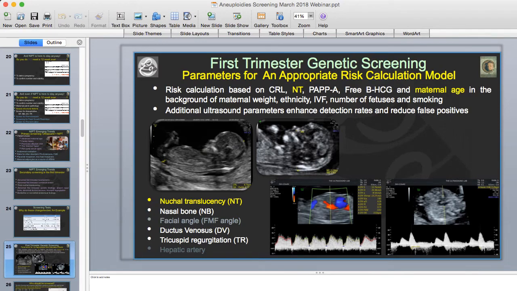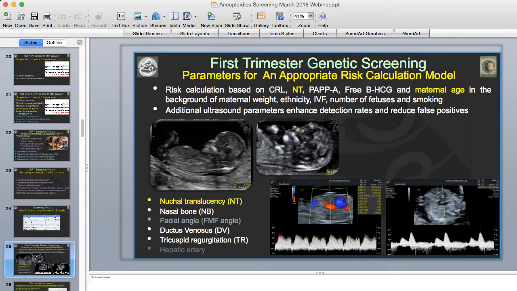And then, of course, I mentioned already the nasal bone, the ductus venosus, and tricuspid regurgitation. We did add on a few years ago the facial angle, which we dropped because statistically it didn't mean much, and the hepatic artery because it just followed the line of the ductus venosus and was more difficult to do. So obviously we'd opt for a test that was simpler and give us the same kind of result, or a marker that was similar and gave us the same kind of result.